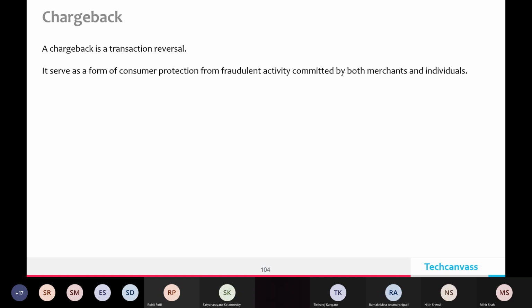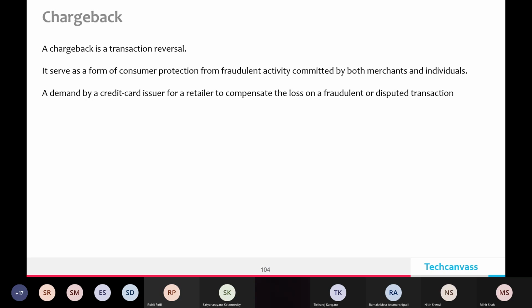So chargeback is a transaction reversal process through which a customer can claim back the funds that were debited in their account. It serves as a consumer protection mechanism against fraudulent activities committed by both merchants and individuals.